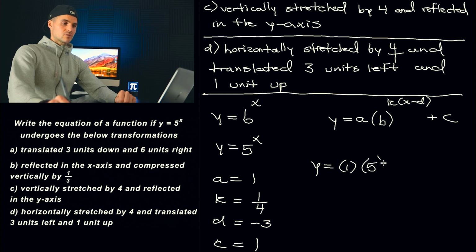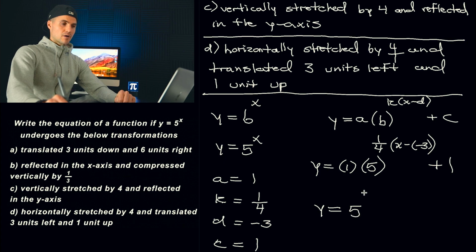I know we don't have to, but I'm trying to make these last few look proper. It would be x minus -3, right? The sign is going to change. The two negatives are going to become a positive. And then this is going to be +1, like that. So this would end up being basically 5 to the power of 1 over 4, bracket x plus 3, plus 1, like that.